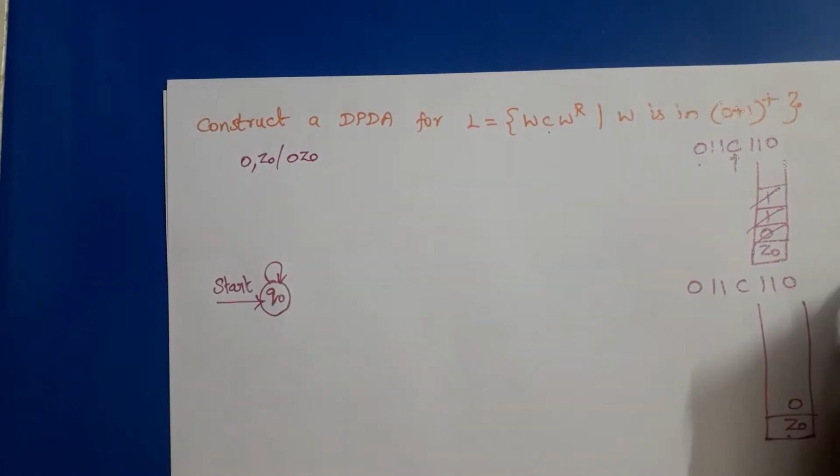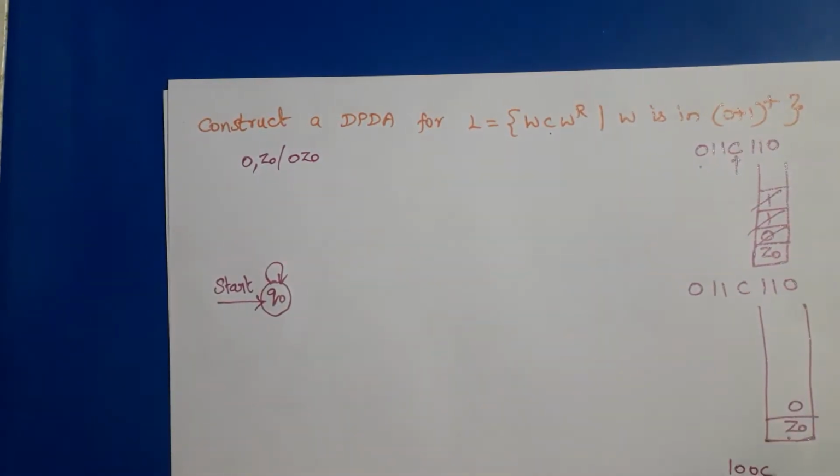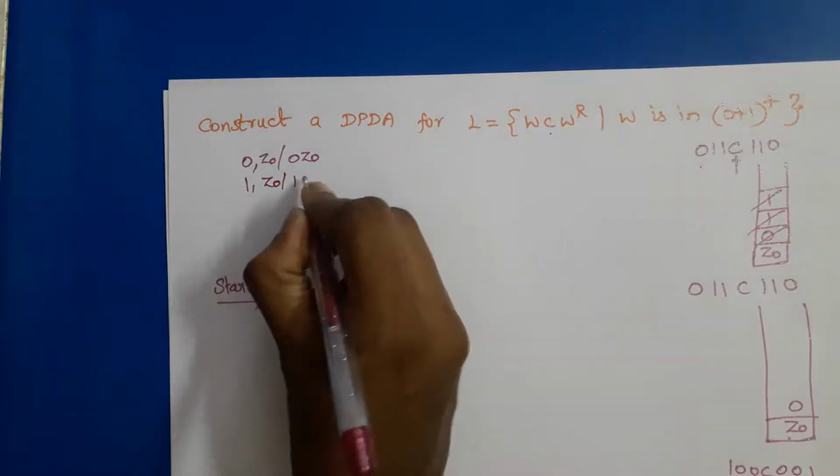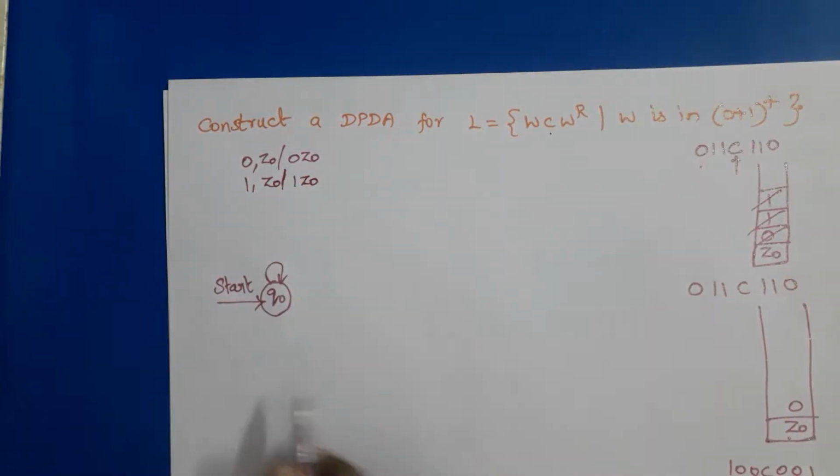Sometimes our input string may be 100C001, so it may start with 1 also. So 1, Z0 means we need to push 1 onto the stack. And after pushing one input symbol onto the stack, the top of the stack may be either 0 or 1.